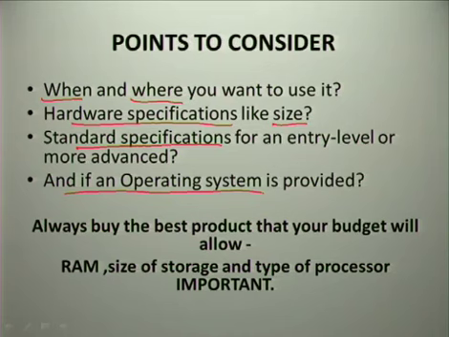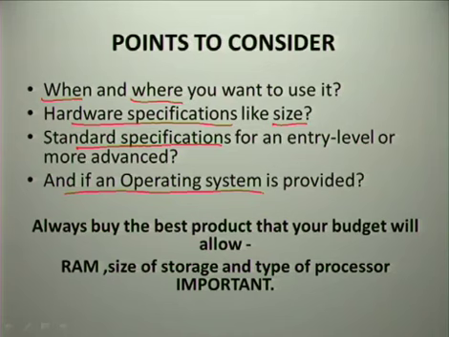Whenever you buy a computer, you should have an operating system which comes with your computer. But sometimes you want to buy second hand because you don't have enough money, and you find that they don't come with an operating system. These are some of the basic things that you can ask yourself before you even start thinking of buying a computer.